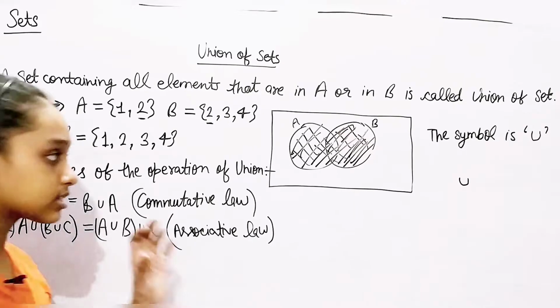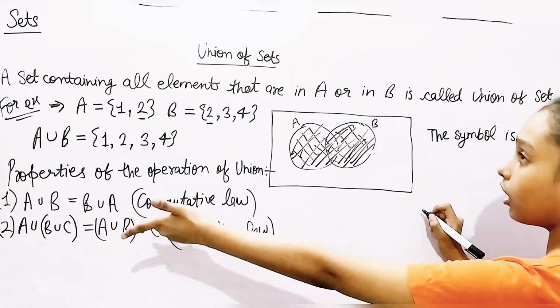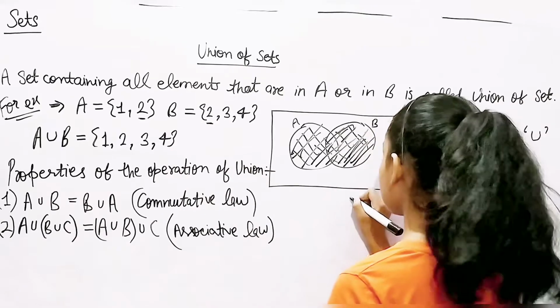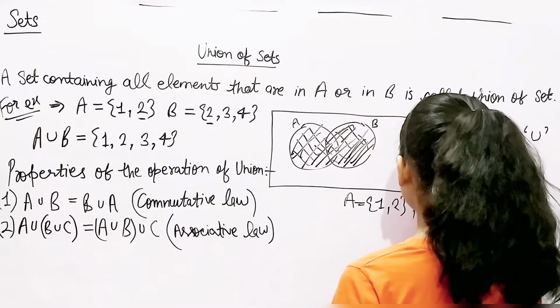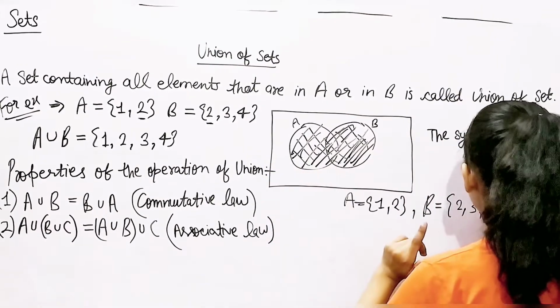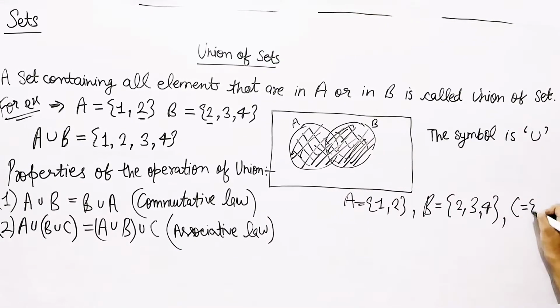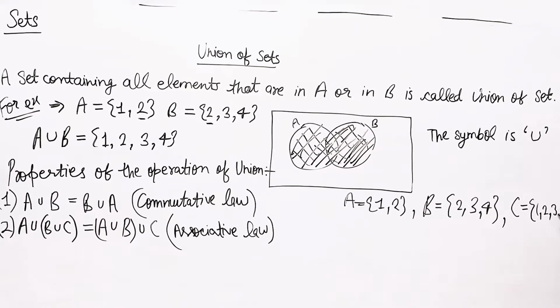Let's take a small example. Let's take set A the same as before, but I'm going to add set C. Set A is equal to the elements 1, 2, set B is equal to the elements 2, 3, 4, and set C is equal to the elements 1, 2, 3, 4, 5, 6.